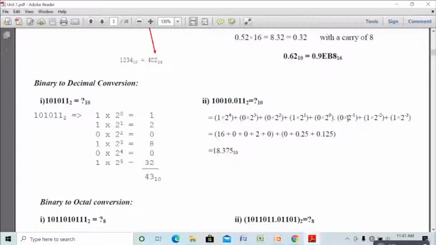So do one example based on this. 1011.101.